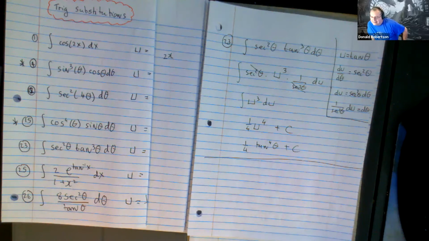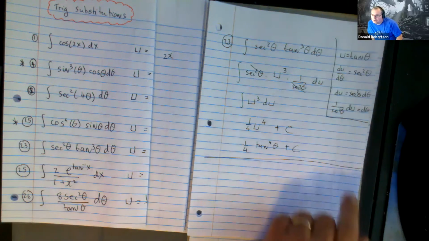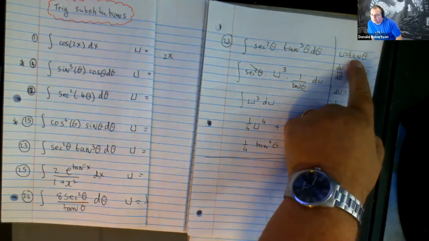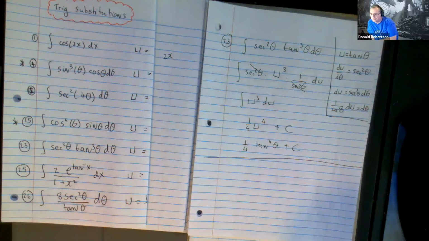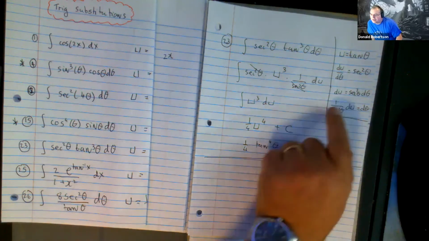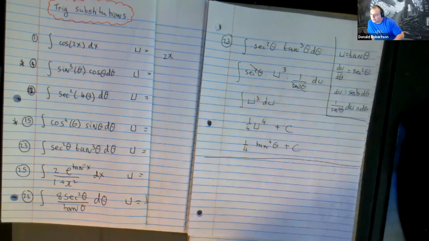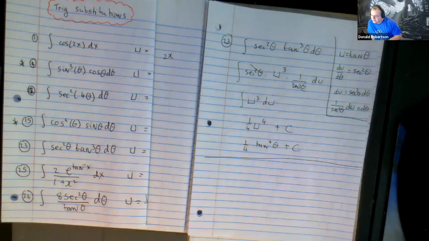And the second one is it just stops the flow. These questions have a nice flow to them. Well, if you have to go, okay, I've got my u sub, now I'm going to have to figure out what the tangent is, I go in, and 2 minutes later, I write it down. By the time you've written that down, haven't you kind of broken the flow? You're now saying, well, God, what do I do now?